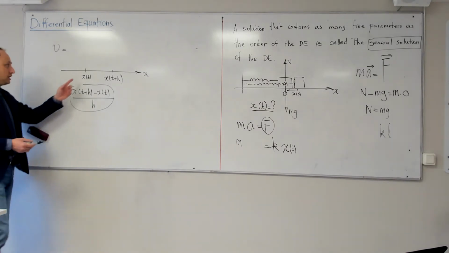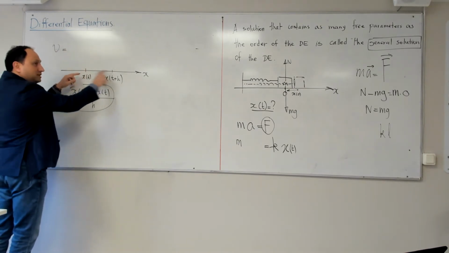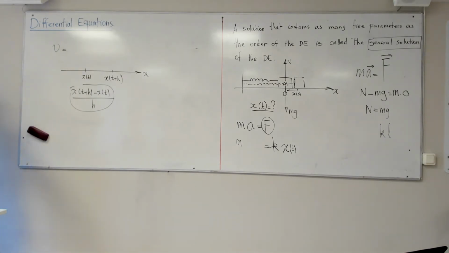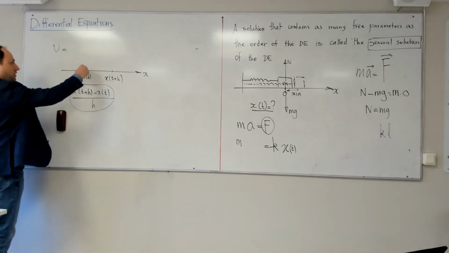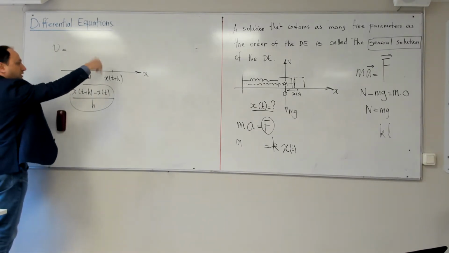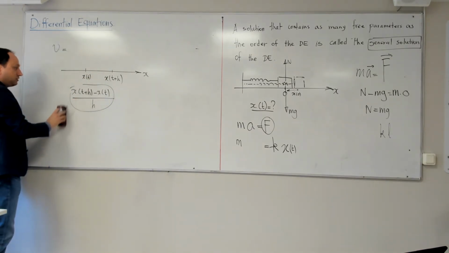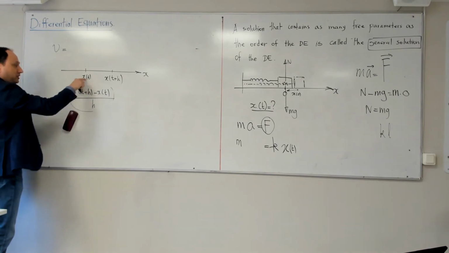Yes, because if my particle moves with a constant speed, there is no difference between average velocity and instantaneous velocity. But this is not the velocity, because it might happen that my particle starts speeding up or speeding down between t and t plus h. So if I calculate this, there is no guarantee that this is the velocity of my particle here.